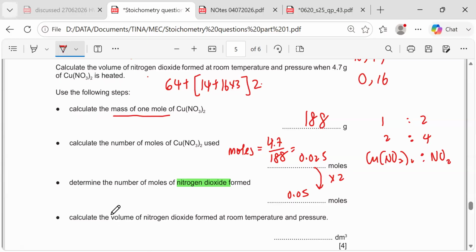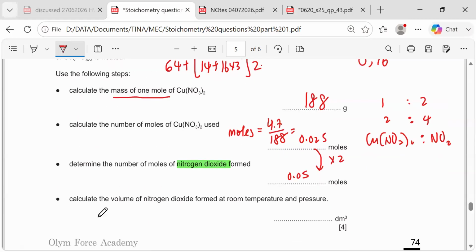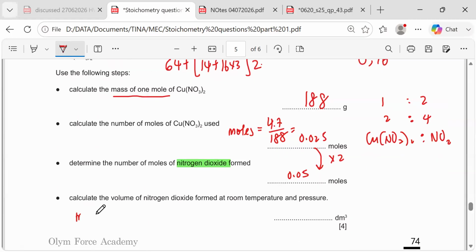Okay, if you don't know how to do this, look back at that question just now. Which formula do I use? 1 or 2? 2. So amount of moles is volume over molar volume. I am looking for the volume.